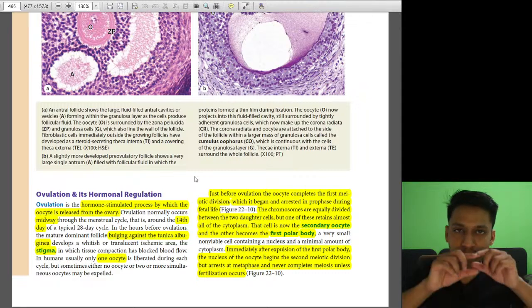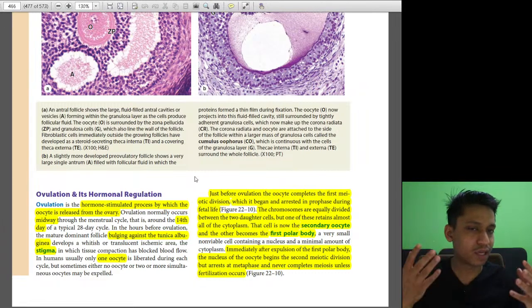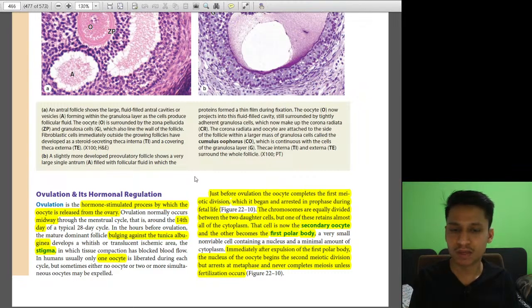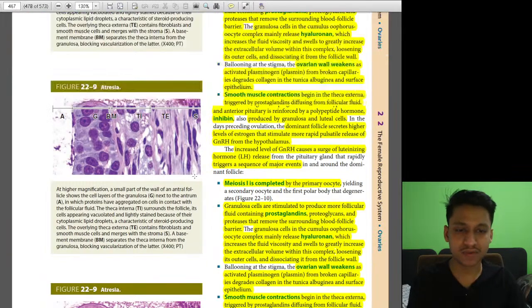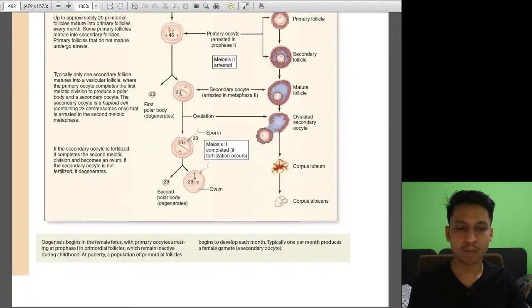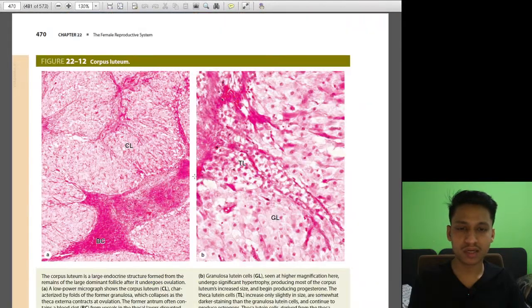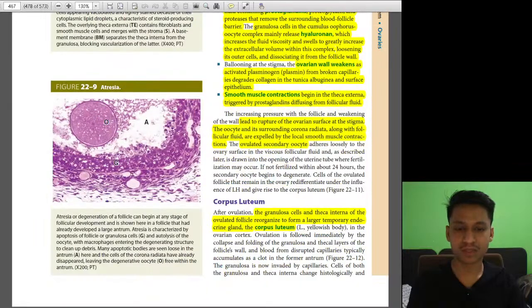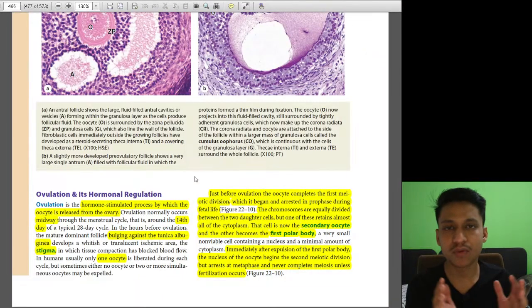We'll study the complete menstrual cycle, breaking it down day by day, but the 14th day is when ovulation takes place. Let's see what ovulation is. Just check what we have. We have the corpus luteum to study, and then we go to the uterine tubes. So this is what ovulation is.